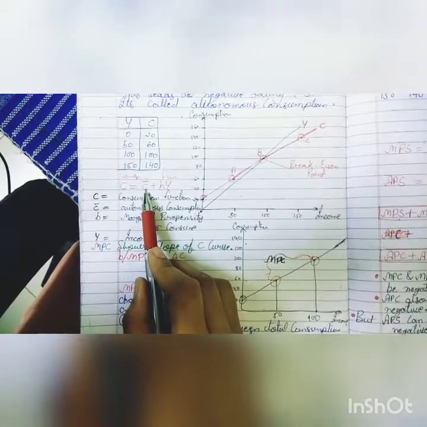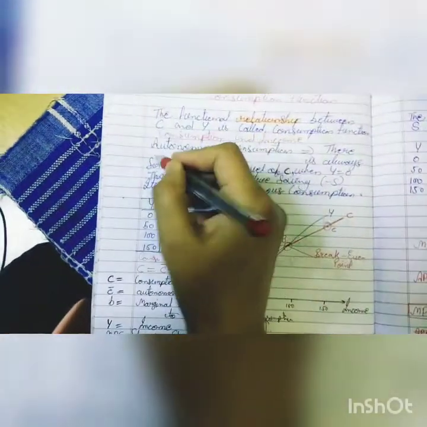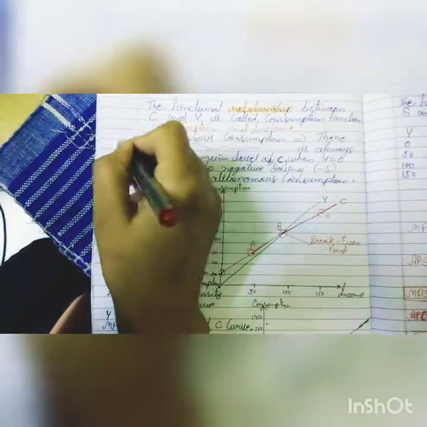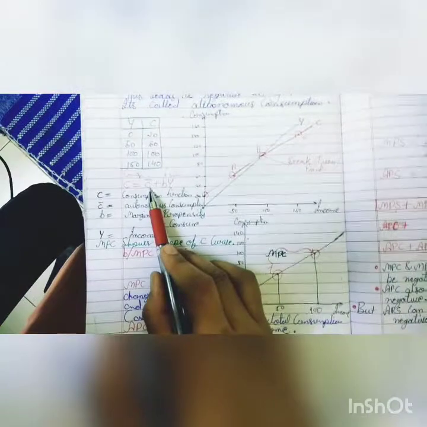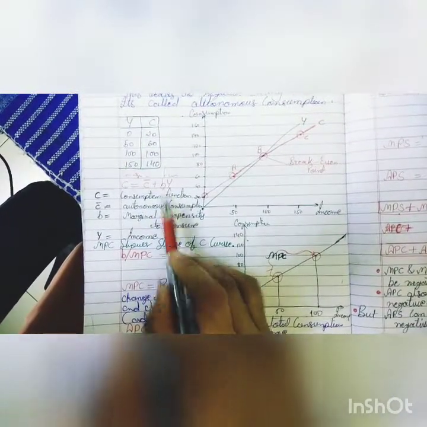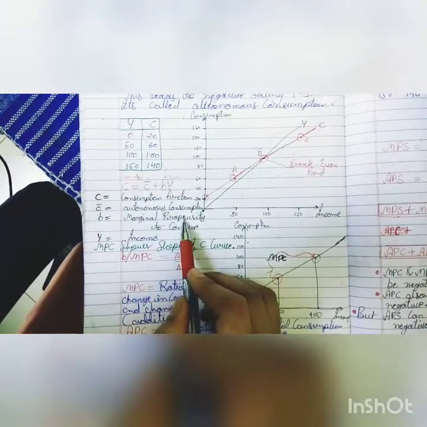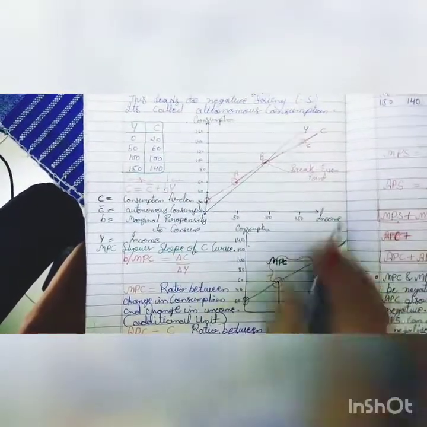C bar is the autonomous consumption, where the income is zero. B is the marginal propensity to consume, and Y means income.